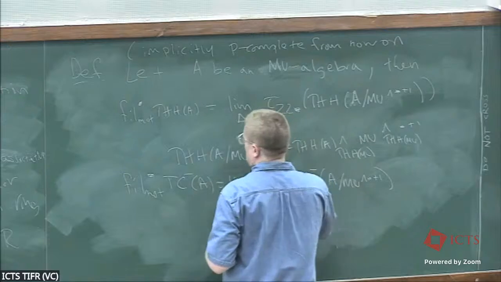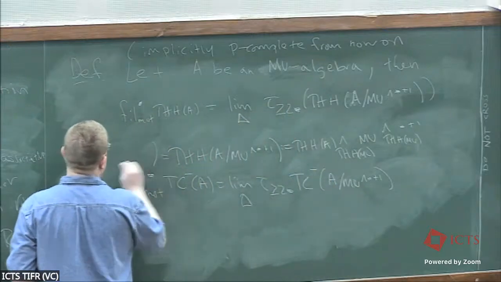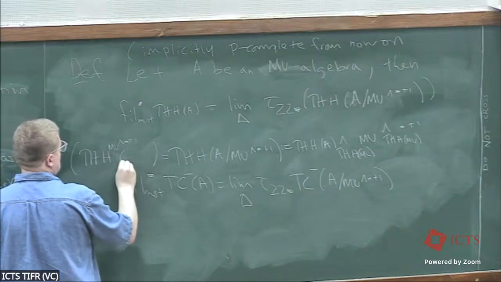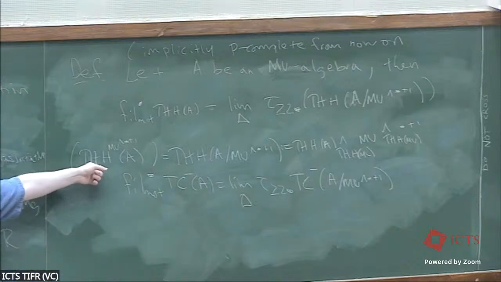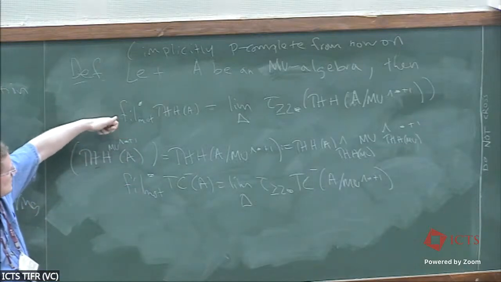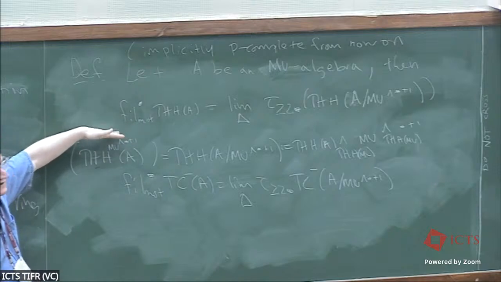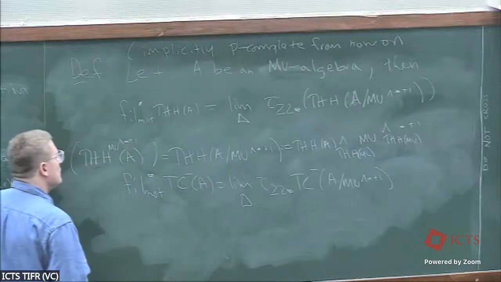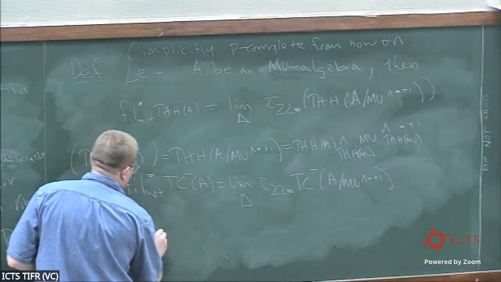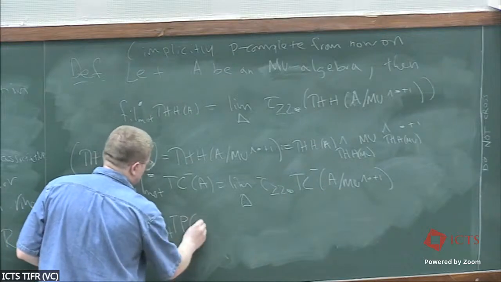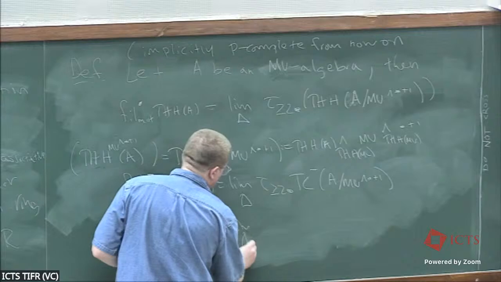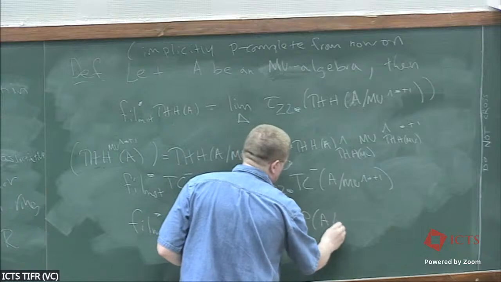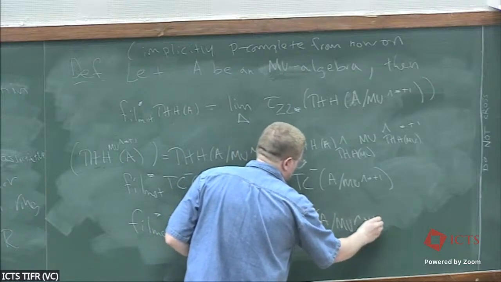So this was also what was called THH over MU smash bullet plus 1 in previous lectures. So this is the same as this, but it just gets to be too much in this superscript. So let me not use that notation. Okay, and then the motivic filtration of TP of A is the same thing, but now we have TP.